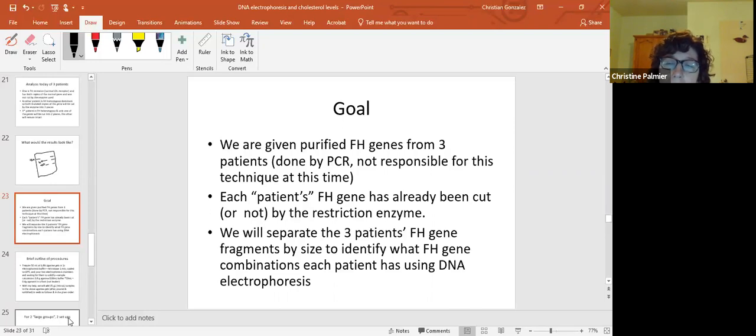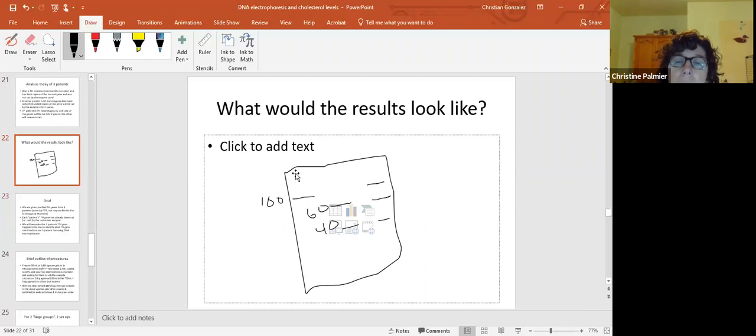We will separate the 3 patients' FH gene by size to identify which FH gene combinations each parent inherited using gel electrophoresis. So we already have a prediction here showing you that the one that has the 2 copies of the recessive gene with regular cholesterol will not be cut. The individual that has 2 copies of the high cholesterol gene will be cut. And the individual that has 1 copy of each will have 1 uncut gene, and the other gene is cut.